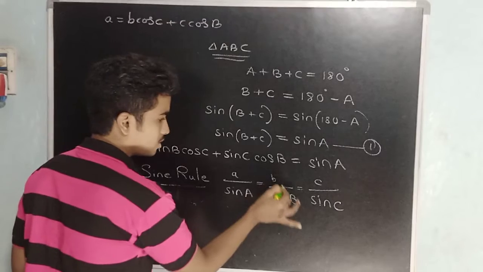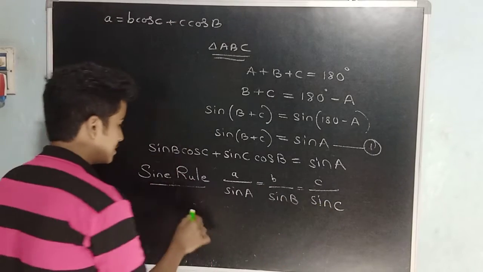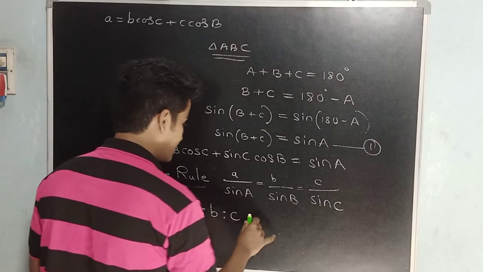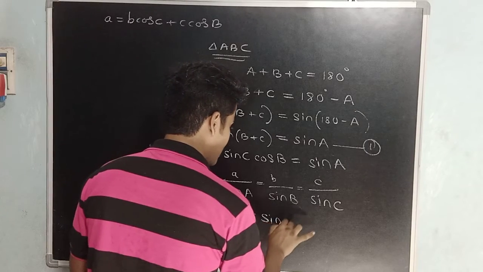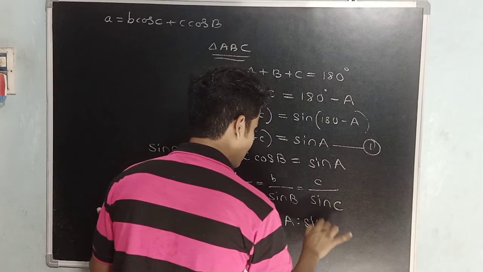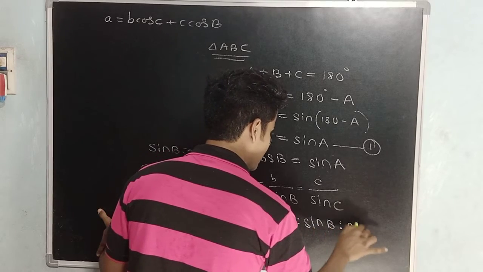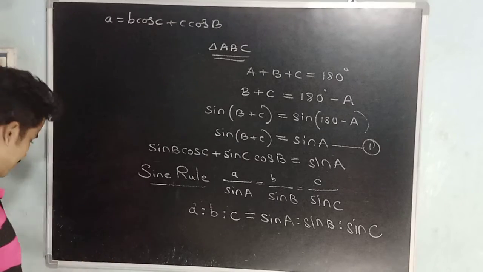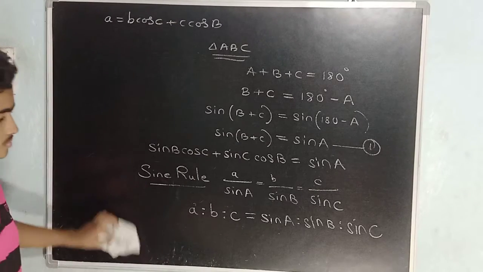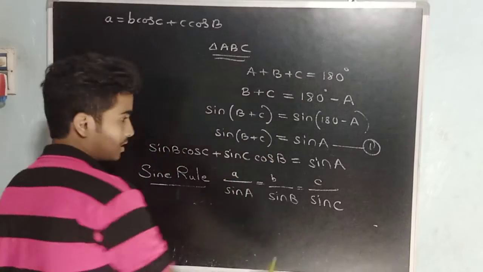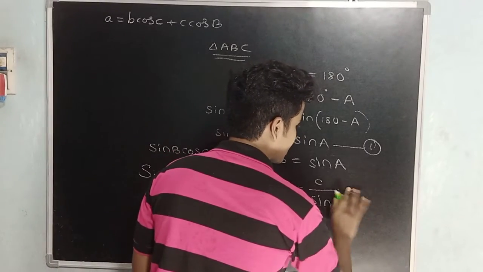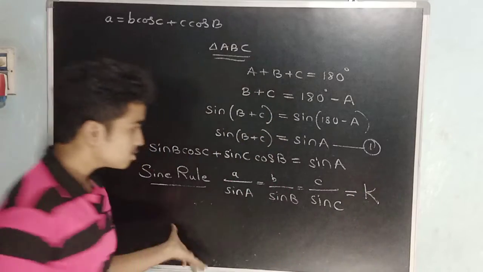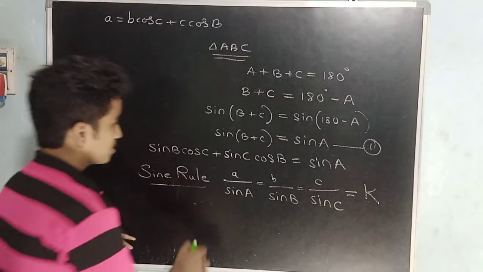a by sin A is equal to b by sin B is equal to c by sin C. So, a is to b is to c can be written as sin A is to sin B is to sin C. Okay? Let me take these three as equal, and consider it equal to some constant k.